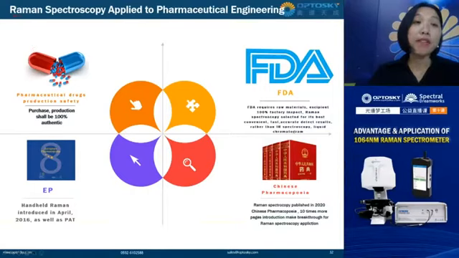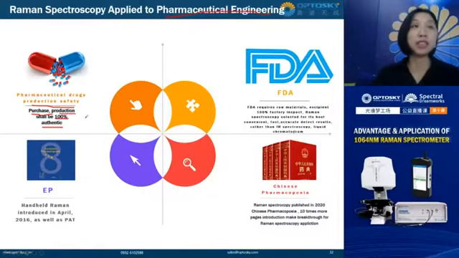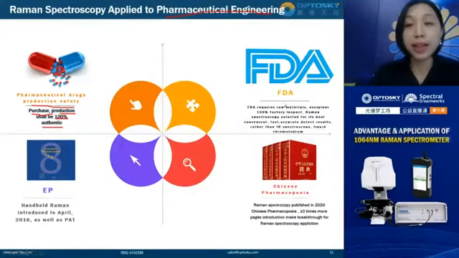We also want to introduce that Raman spectroscopy is applied to pharmaceutical engineering. We can see that pharmaceutical drug production safety regulations require that purchase and production should be 100% authentic, so it must receive 100% inspection.